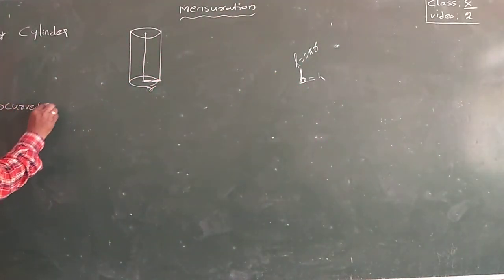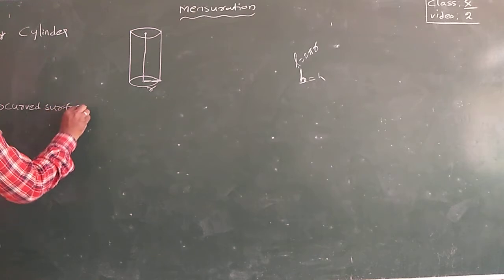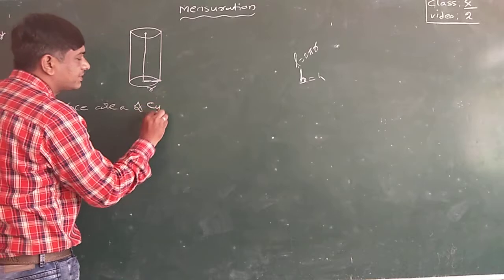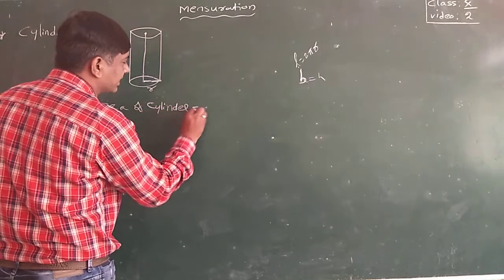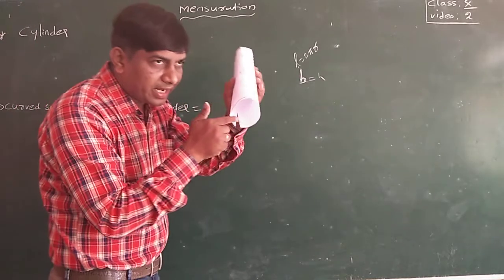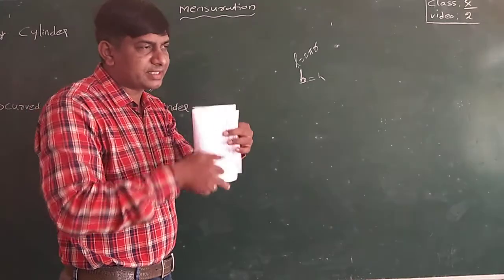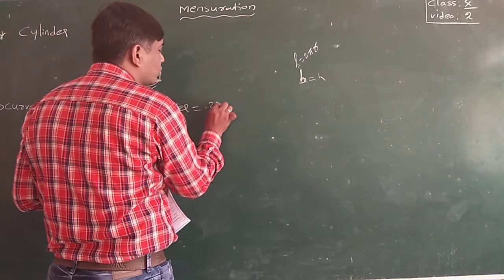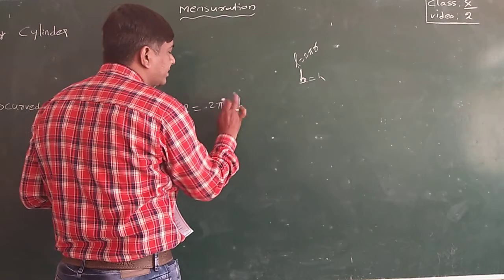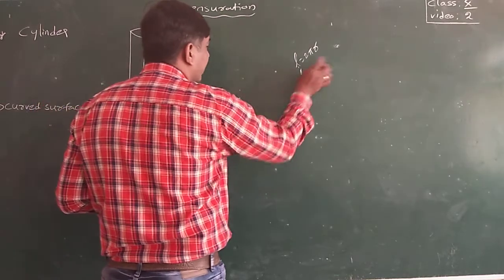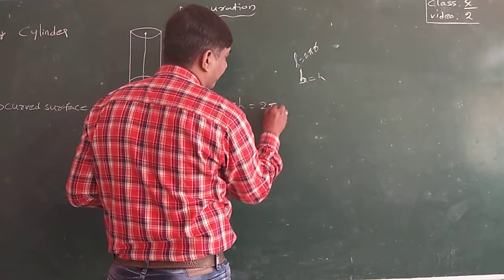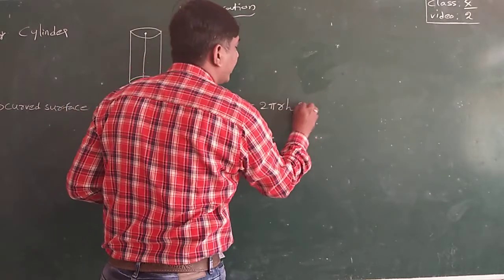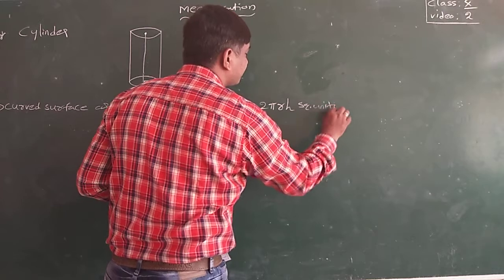Curved surface area means CSA. CSA of a cylinder is equal to 2 pi r becoming the length, and the height becoming the breadth. So L into B means 2 pi r into h, that is equal to 2 pi r h square units.